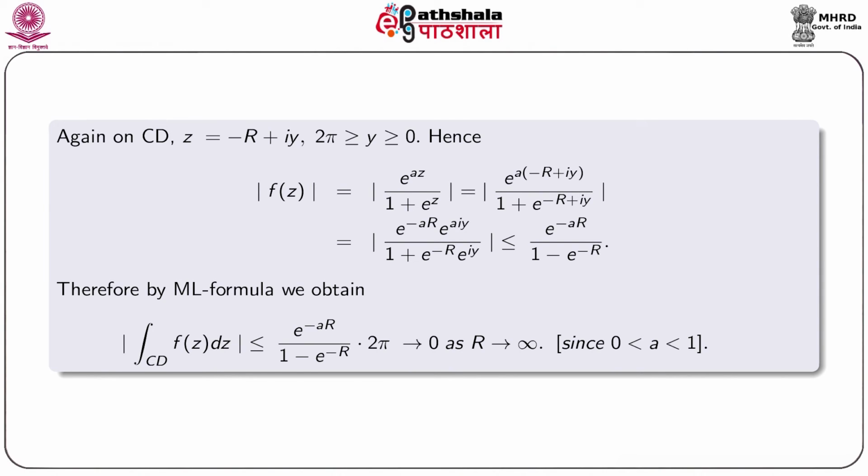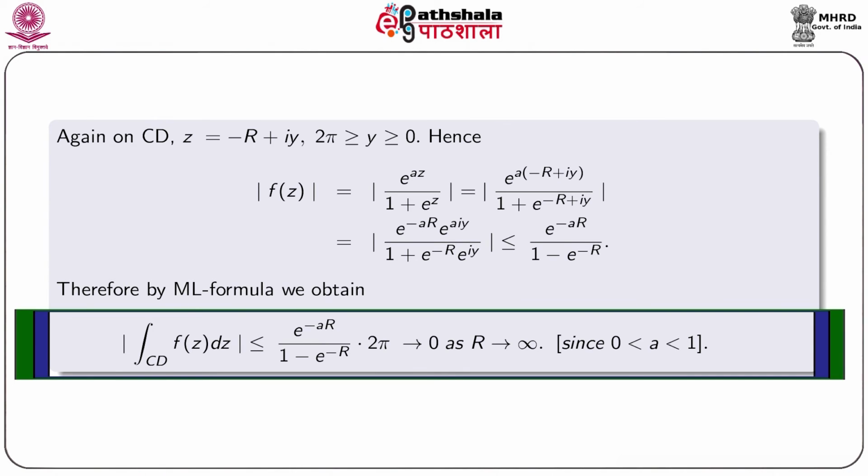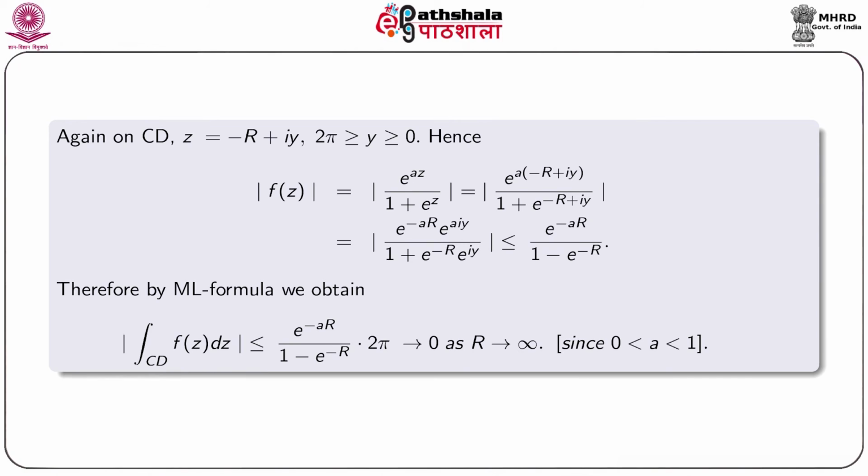Therefore, by ML formula we obtain modulus of the integral over CD of f(z) dz is less or equal to e to the power minus ar by (1 minus e to the power minus r) into 2 pi, which tends to 0 as r tends to infinity, because 0 less than a less than 1.